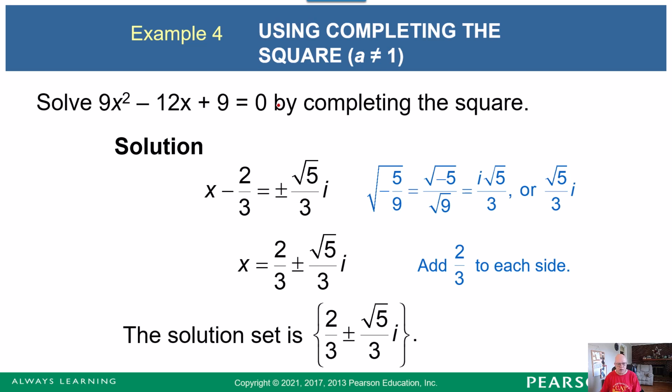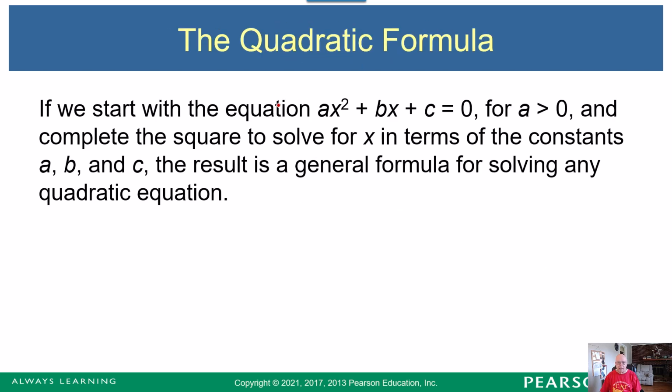Okay, so we've got our solution. Now, this is if a is positive, and if we leave this as just a, b, and c, we can actually solve and get the quadratic equation.